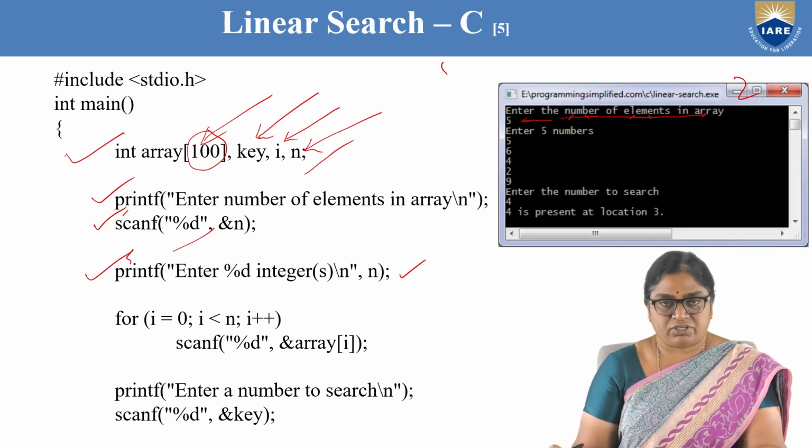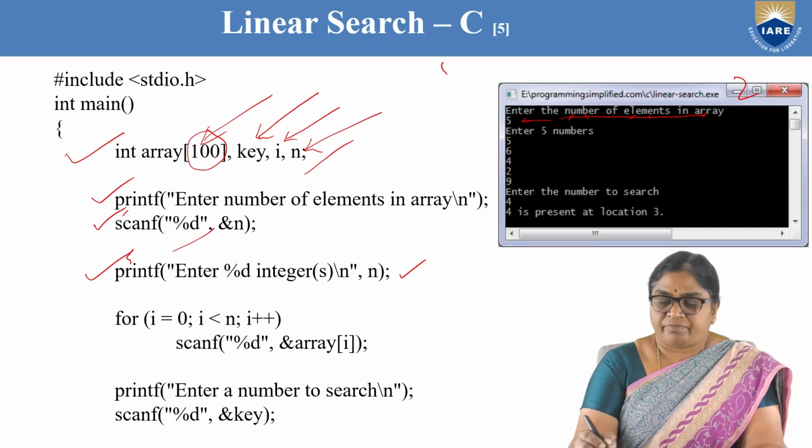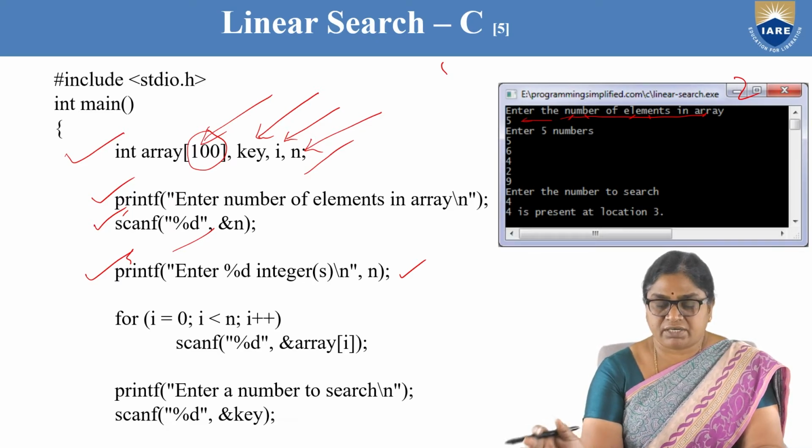After giving this message to the user, we will try to read 5 different elements in this particular scenario, 5 different elements entered by the user.